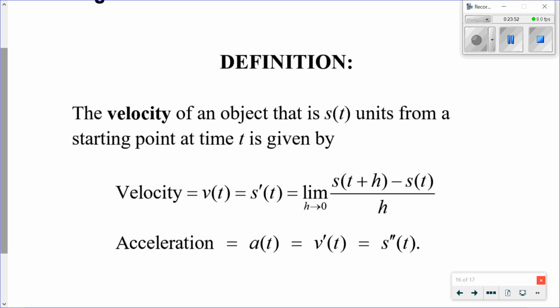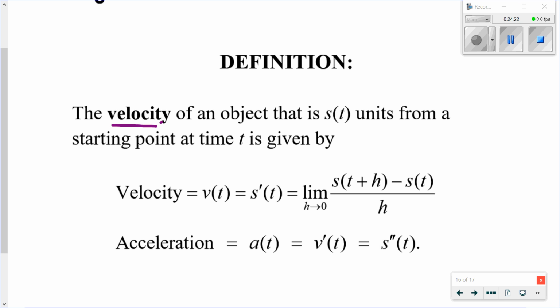All right, so here's where we can give a little more meaning so we can understand one idea of what higher order derivatives give us. Remember, our velocity is a first derivative, right?